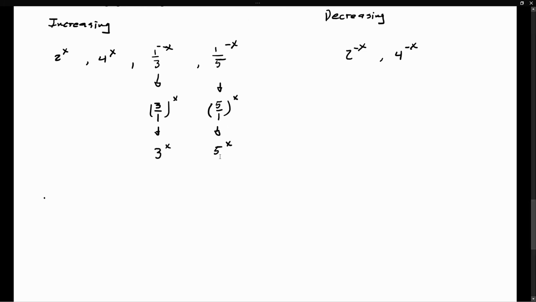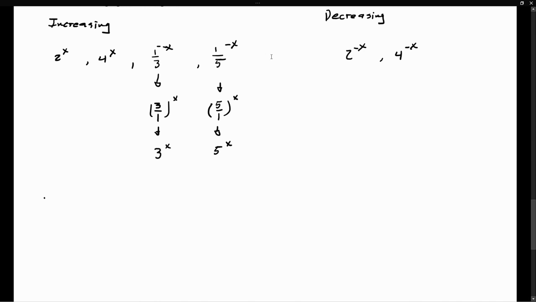So when we were looking at the function 1/5 to the negative x, we were essentially just looking at 5 to the x. So notice that when my base is higher than 1 with a positive exponent, my function is increasing. It is an increasing or exponential growth function.